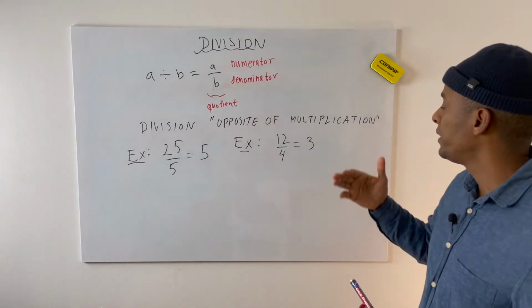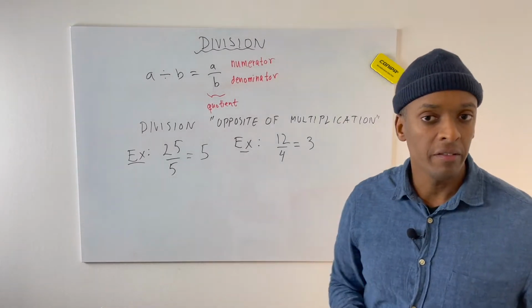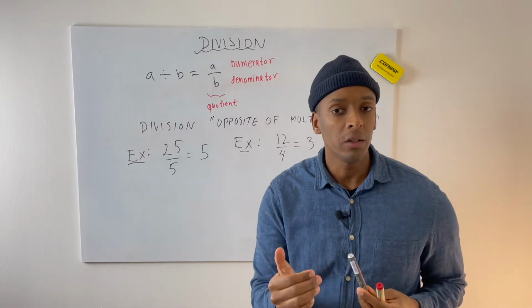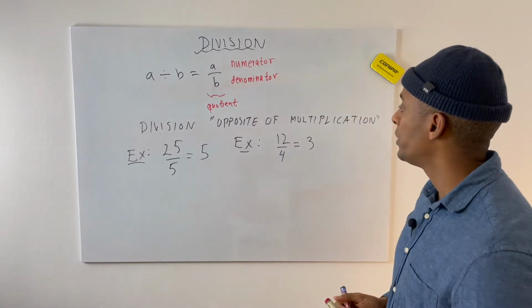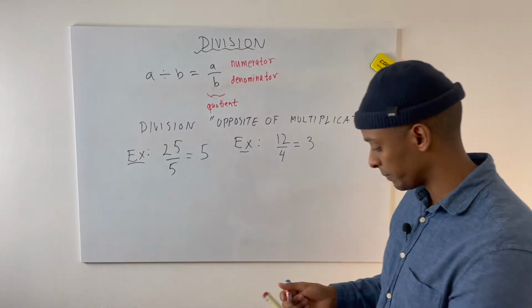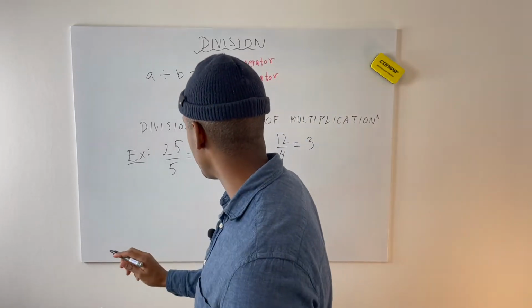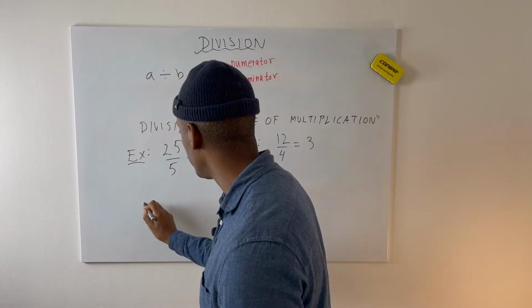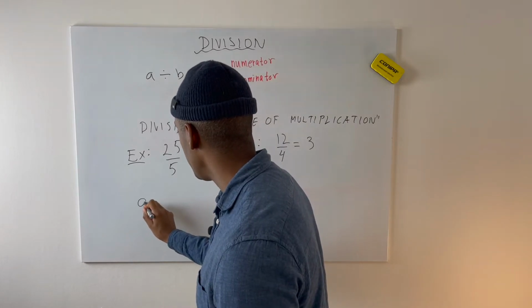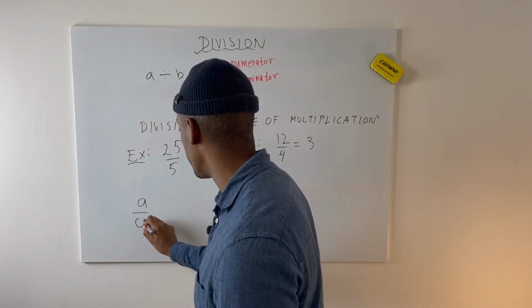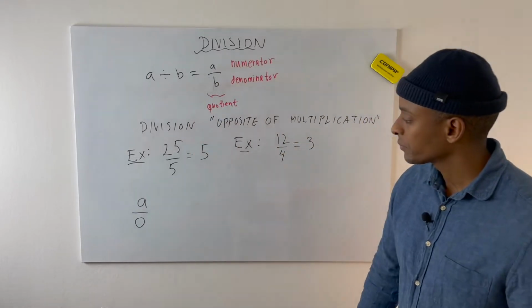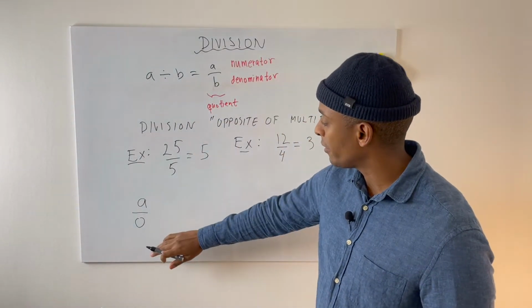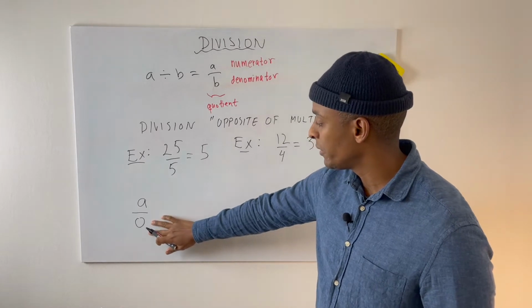Now, when we did multiplication, we had to see very carefully how to deal with 0. Now we're going to do the same thing with division. We're going to examine two things. One is, we take a number A and we divide it by 0. So here the denominator is equal to 0.